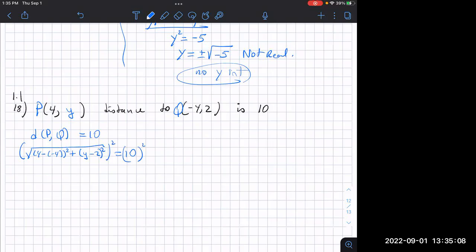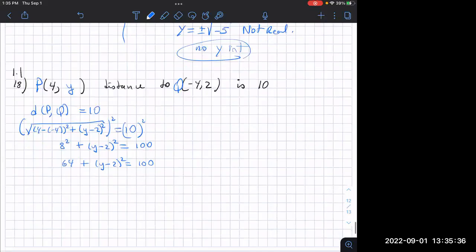Square both sides, and at the same time simplify 4 minus negative 4, which is 8. So 8 squared is 64, plus (y minus 2) squared equals 100.